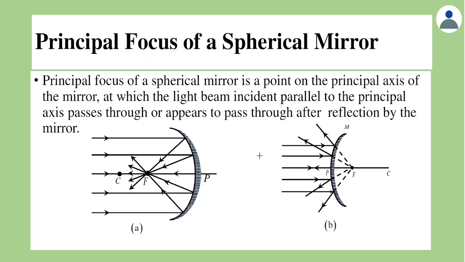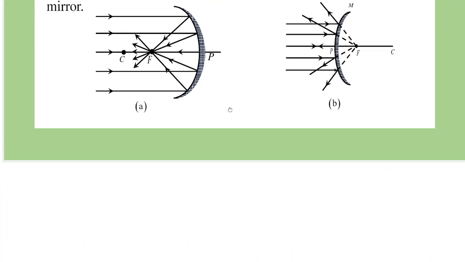To put it in simple language, you can see by a diagram. If you assume that this is a mirror, since here the inner part is reflecting, this is a concave mirror.